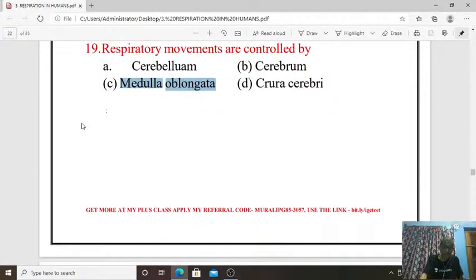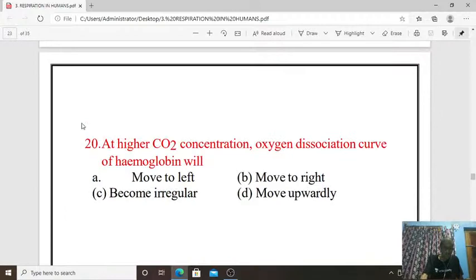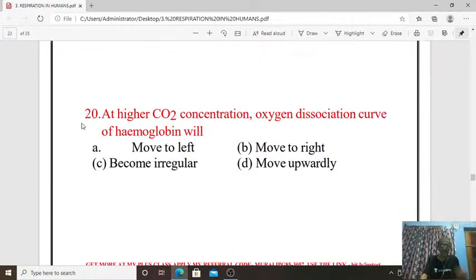Next question number 20. At higher carbon dioxide concentration, the oxygen dissociation curve of hemoglobin will show which kind of change? At higher carbon dioxide concentration, the oxygen dissociation curve of hemoglobin will move to the right.